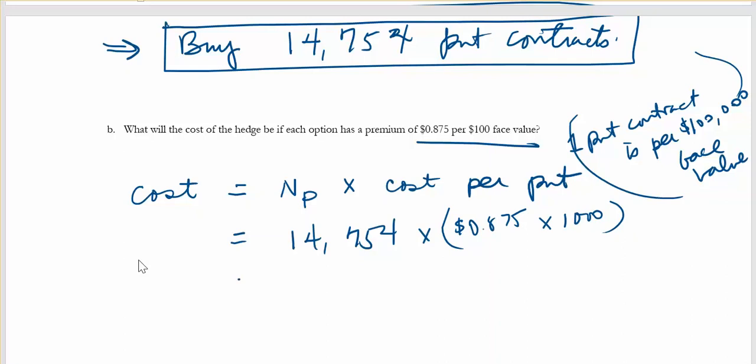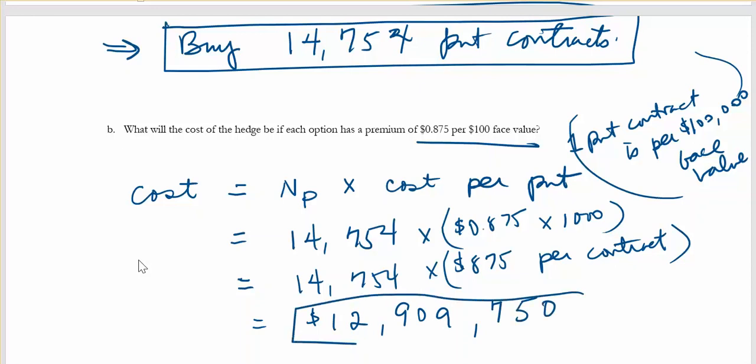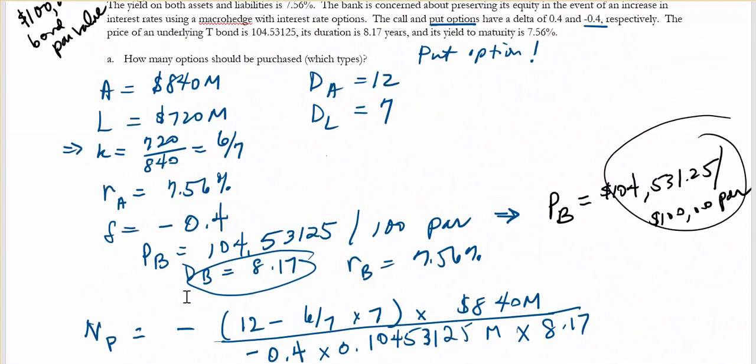So we get $875 per contract. Giving us a cost of $12,909,750.